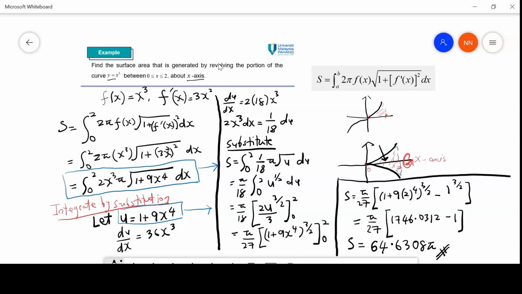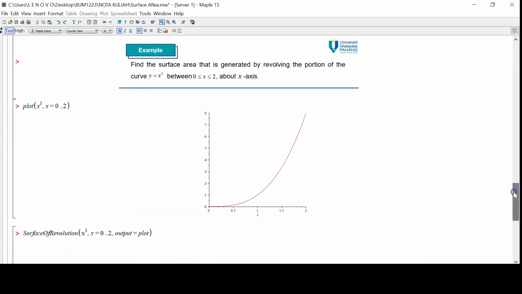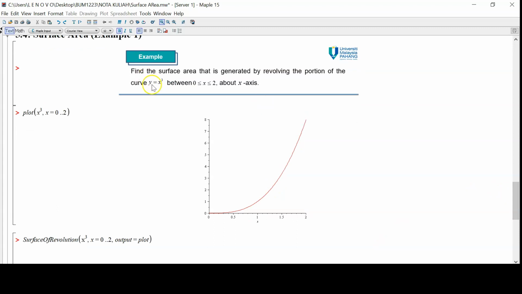All right. Now I will show you, by using Maple, some better visualization. So you can see here the same problem. If I plot using Maple, this is a better sketch compared to my freehand sketching.